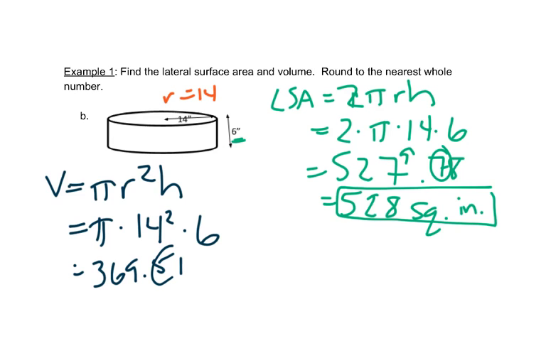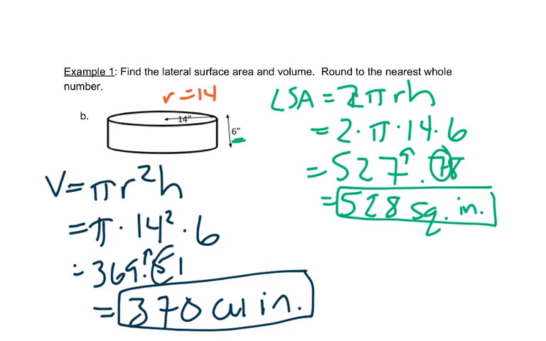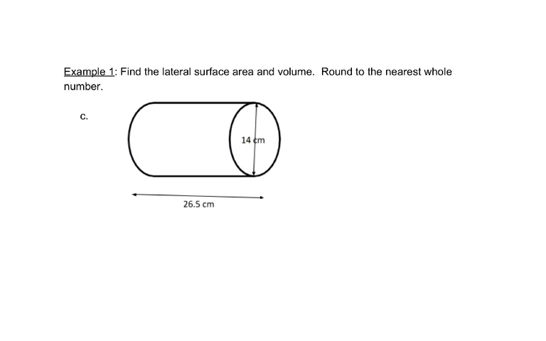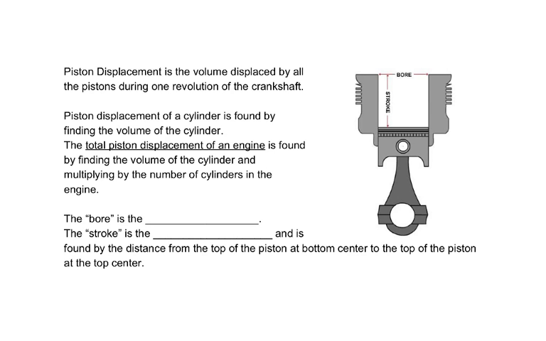The number after the decimal is 5 or higher, so we need to round the 9 up to a 10. And remember, that changes the number in front of it. So we'd have 3695 cubic inches. Cubic because it's volume. Okay, this example works the same way as example A, so we'll skip it and keep going.